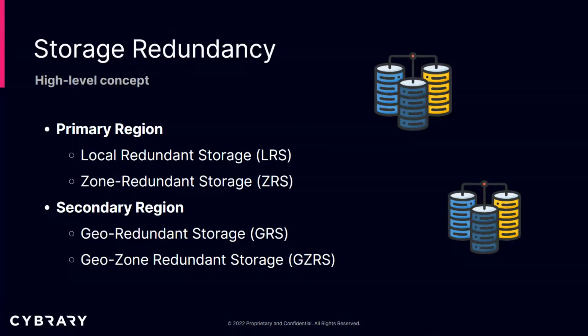Then you have zone redundant storage or ZRS, which replicates synchronously across three Azure availability zones in the primary region. With ZRS, your data is still accessible for both read and write operations, even if a zone becomes unavailable. ZRS provides excellent performance.